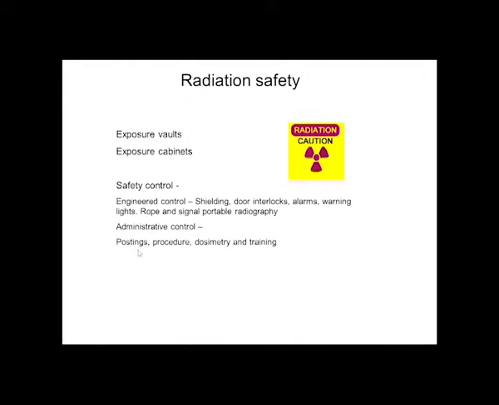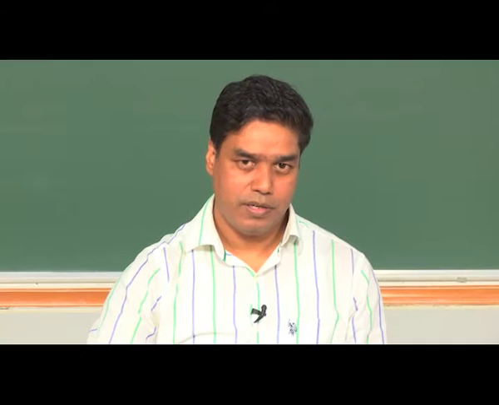Then you have administrative control. This is with regard to protecting the people who are working with radiation. So, you should have postings and procedures, and you should train the people who are dealing with X-ray radiation, and you should also do time to time dosimetry.